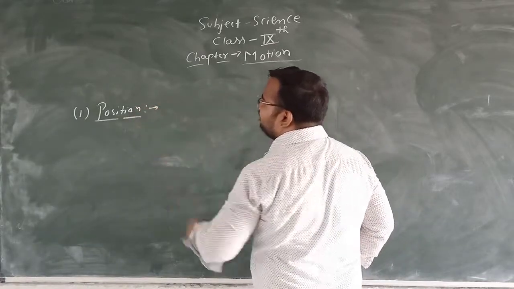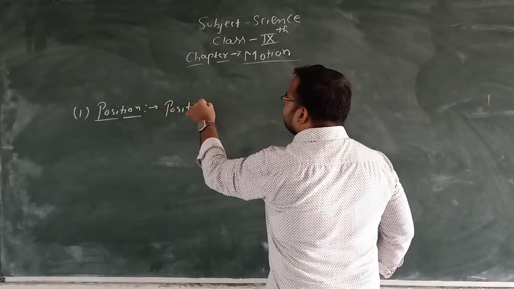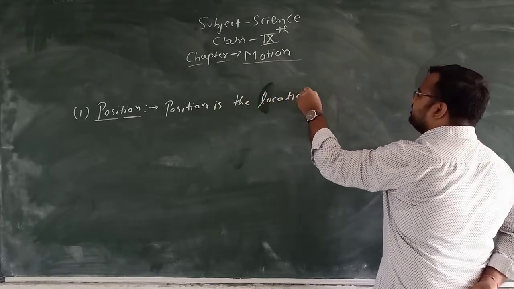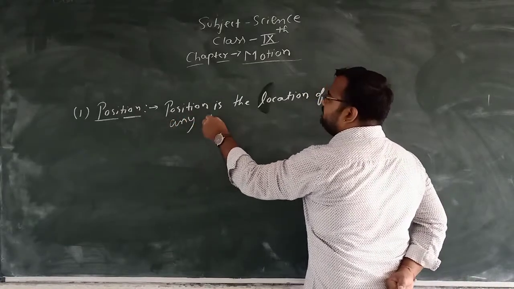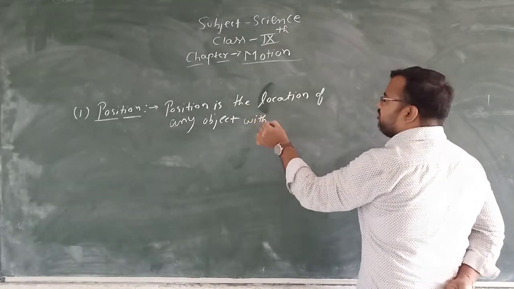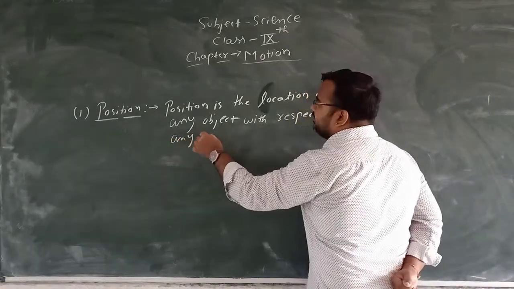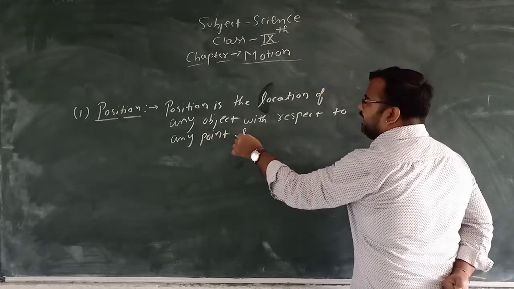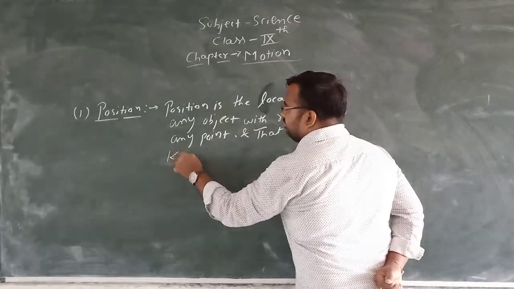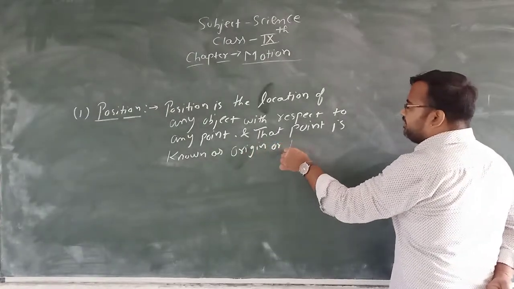What is the meaning of position, or what can we write? The definition of position is the location of any object with respect to the origin or reference point.